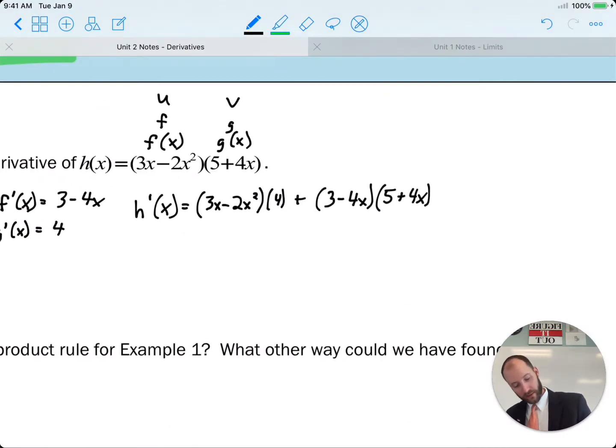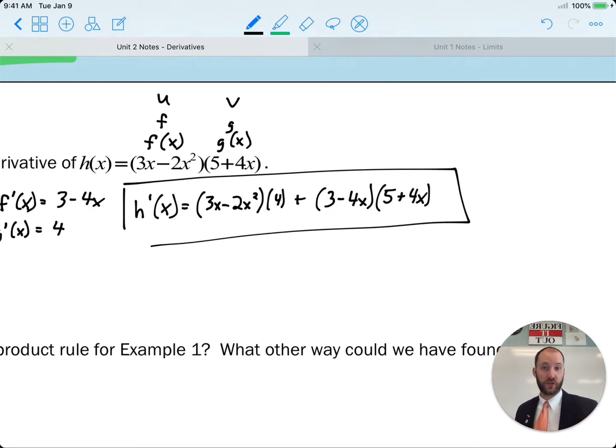And there I have my solution, h prime. If it was a multiple choice, you have to simplify it down, so distribute, combine like terms, you can do that. For an FRQ, you can leave that like it is, just that string of quantities put together.